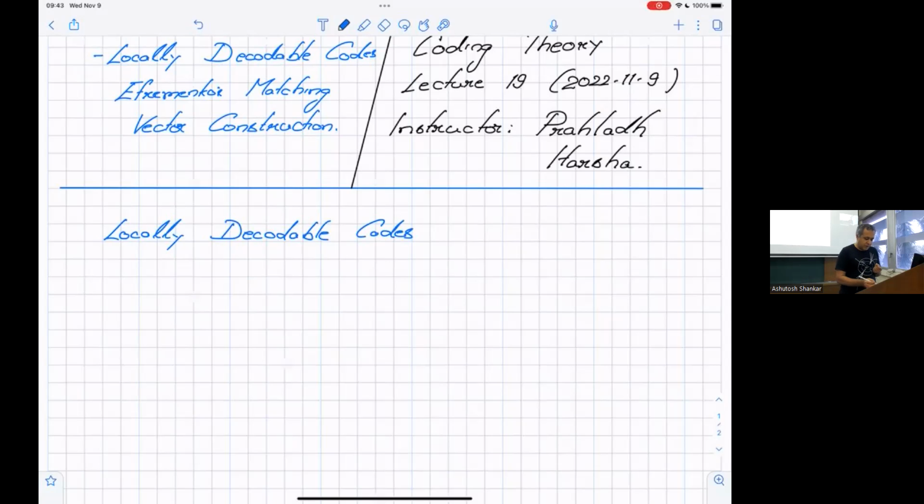There will be two parameters of interest here. L, which is some positive integer, will be the locality, how many queries you are going to make. And epsilon is going to represent the fraction of errors that we will be able to tolerate.